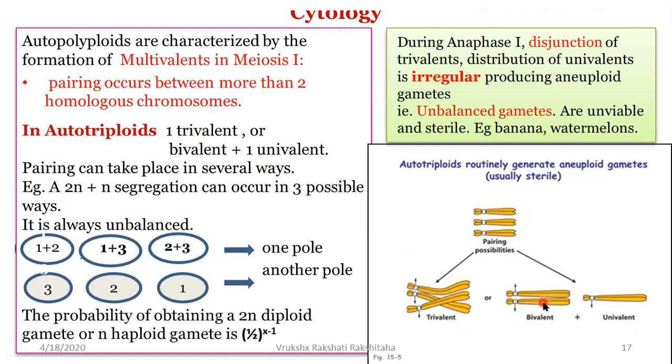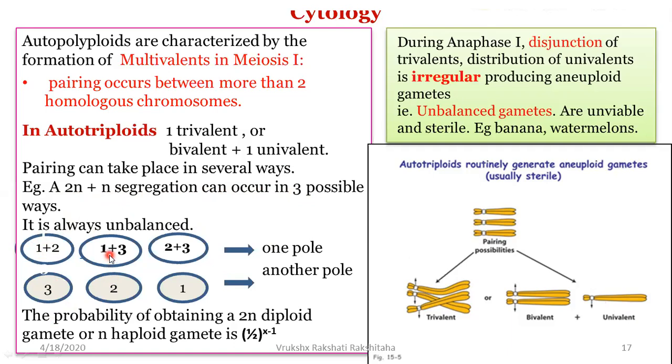Now again, in case the bivalent and the univalent are formed, that is, if 2n plus n segregation takes place, then what are the different types? Out of these three chromosomes, the first chromosome and the second chromosome may move towards one pole, and the third chromosome may move towards the opposite pole.